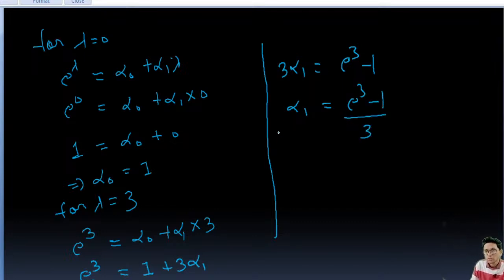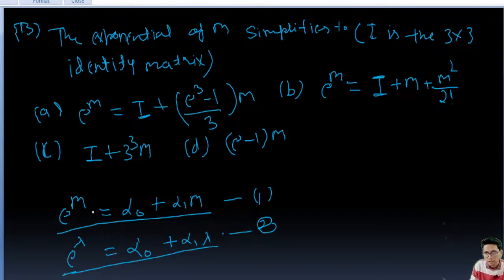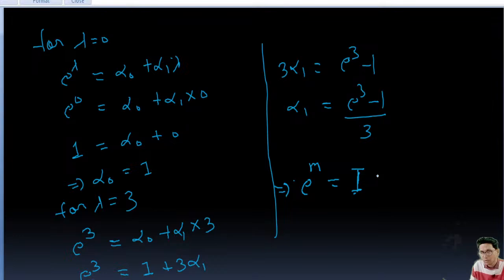Now we'll put these values in equation 1. This is the method, so you need to note it down. We put the values of alpha naught and alpha 1 in equation 1, and we get the identity matrix plus e to the power 3 minus 1 upon 3 times m.